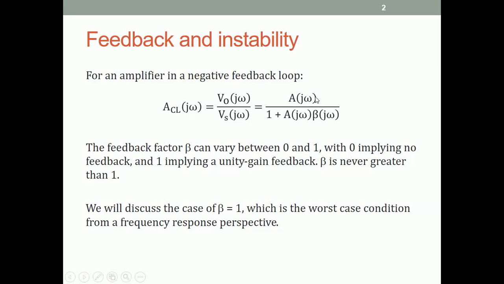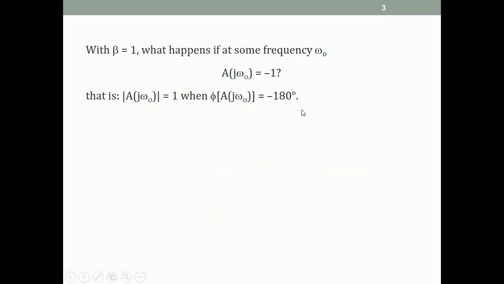Alright, so what will be the output if you were to watch the output on the oscilloscope of this system in the lab? What will you see and why? Alright, so please pause and think and perhaps write down what you think would happen. Here, pause.